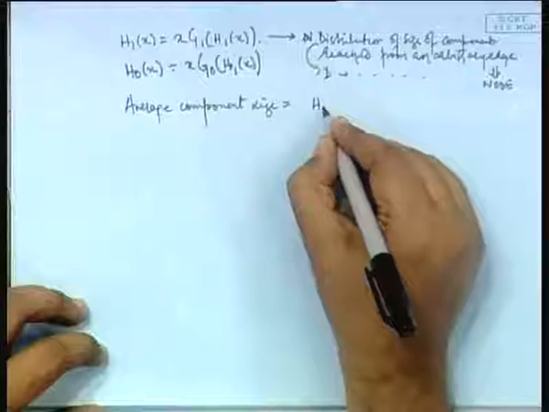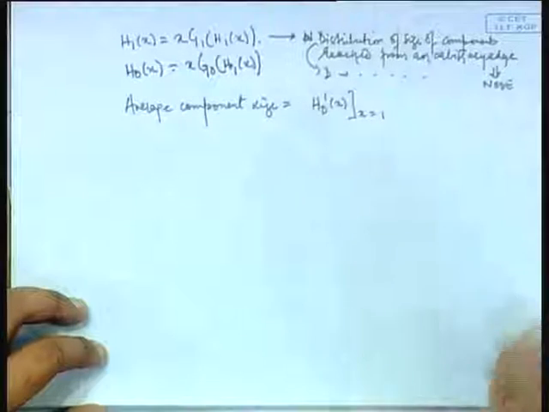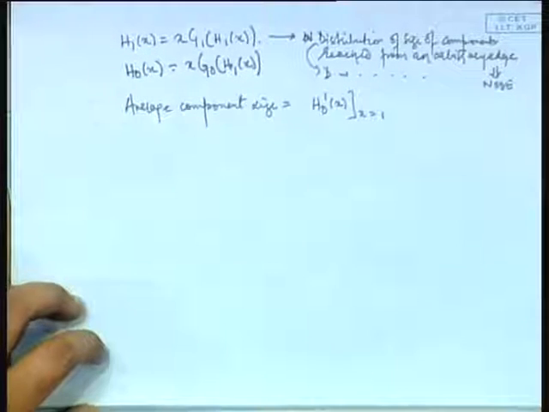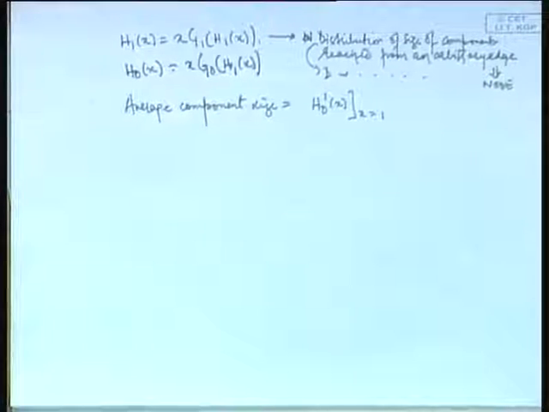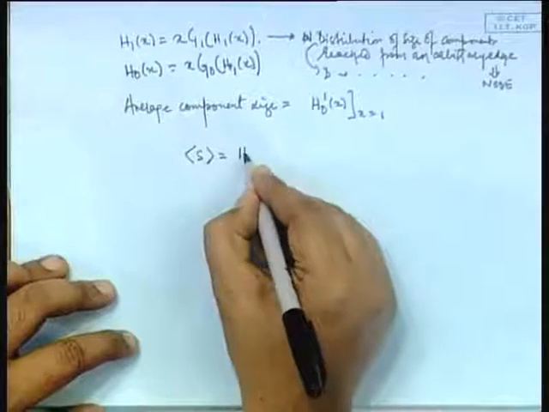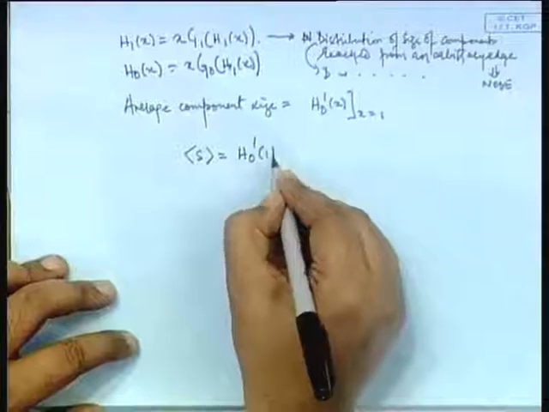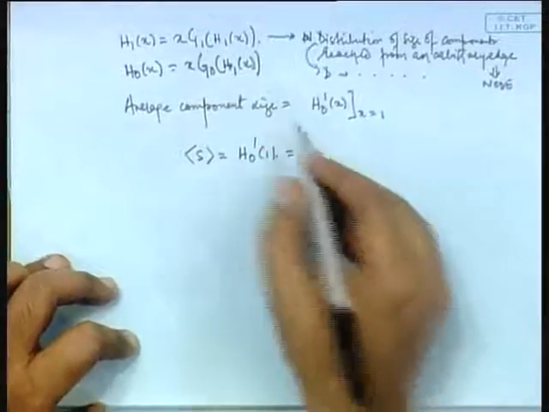So, H0'(x) where x is equal to 1. Extremely simple. So, S is basically H0'(1). Let us try to do this.